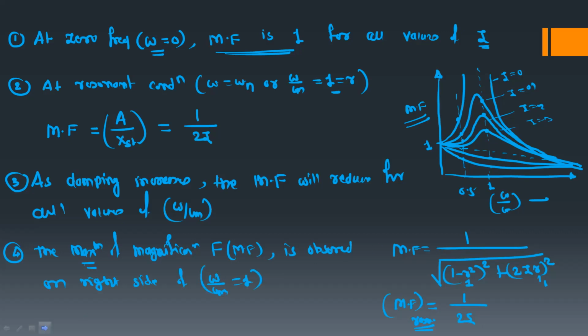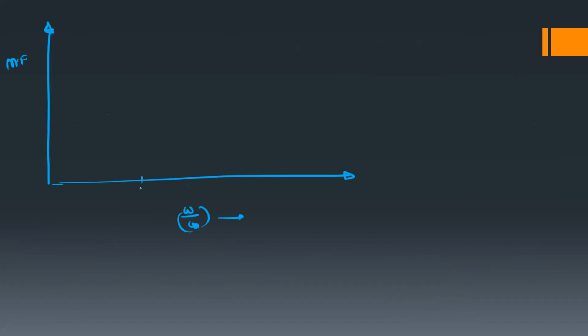So the meaning is, if you plot this graph accurately, this is your magnification factor and this is the frequency ratio. So this is the resonant condition 1, and we have different values on the right side.